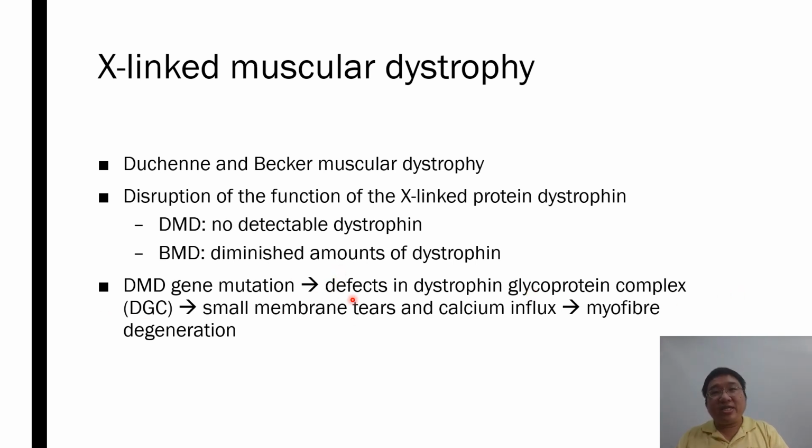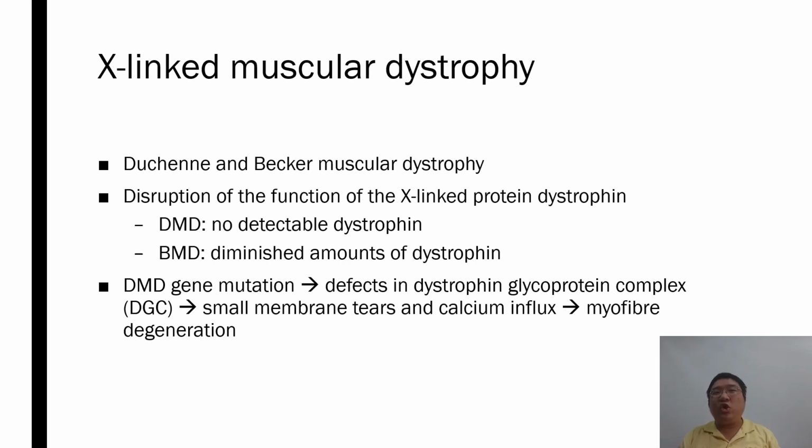This complex is responsible for interconnection between the sarcomere, between the muscle and outside the muscle. So it allows talk between outside the cells and inside the cells. It is required for membrane integrity, because when there is muscle contraction, the connective tissue surrounding it should allow the muscle to contract, right?